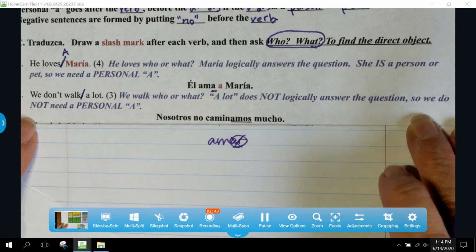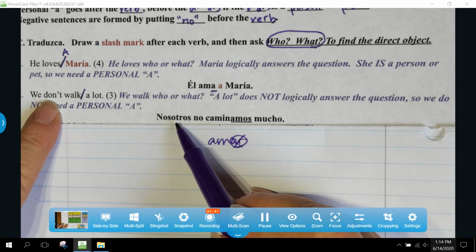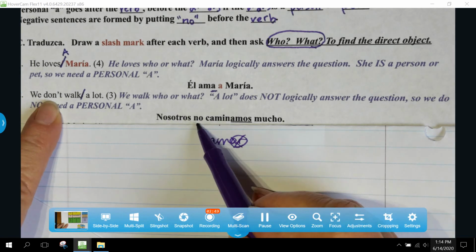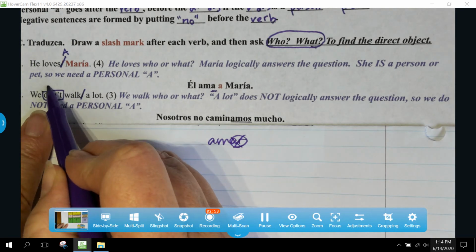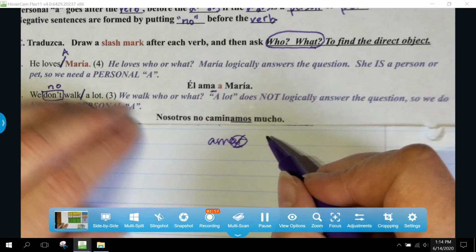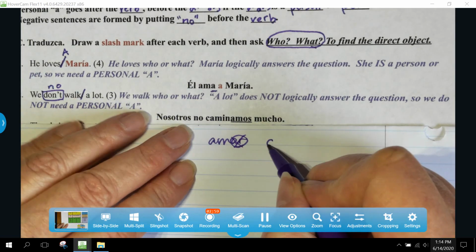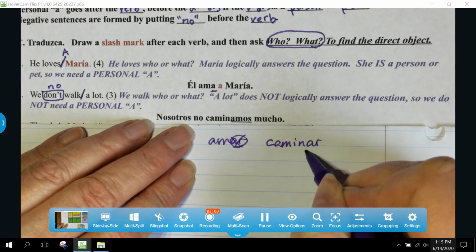So we have we, nosotros. Don't is simply going to translate as no. So that whole word just is no in English. Nosotros no. Your verb here was caminar. So we take off the AR.